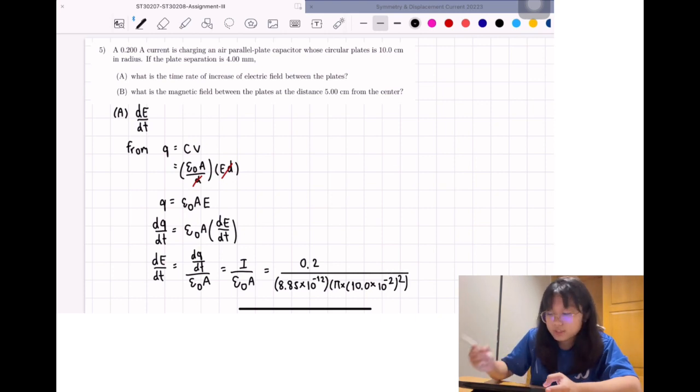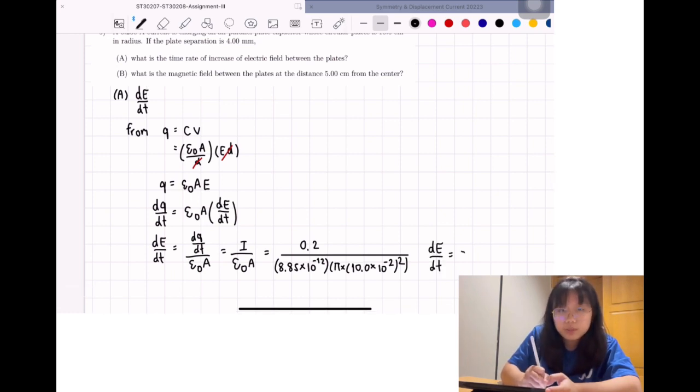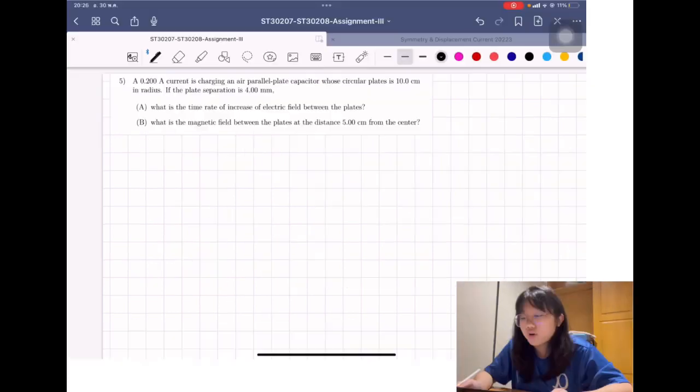So we can get dE/dt equal to 7.19 multiplied by 10 to the 11 Newton per Coulomb second. Question B asks about the magnetic field between the plates at a distance of 5.00 cm from the center.